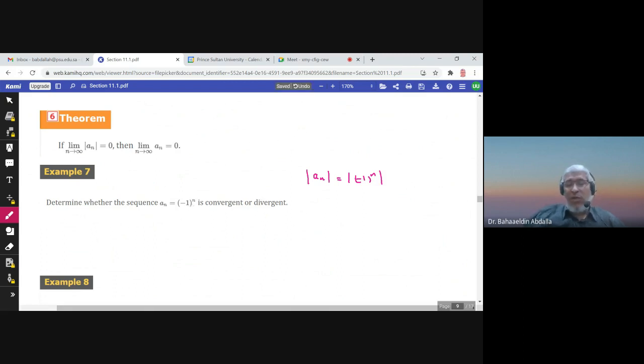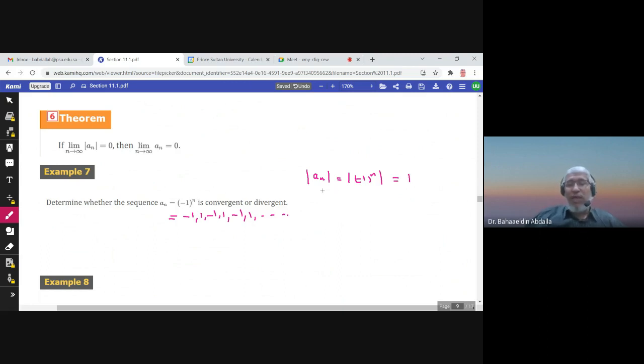If you put n=1, you get -1. If you put n=2, you get 1. So this sequence is -1, 1, -1, 1, -1, 1, and so on. The terms are -1 and 1. If you take the absolute value of the sequence, you get in fact 1. All the terms would be 1.